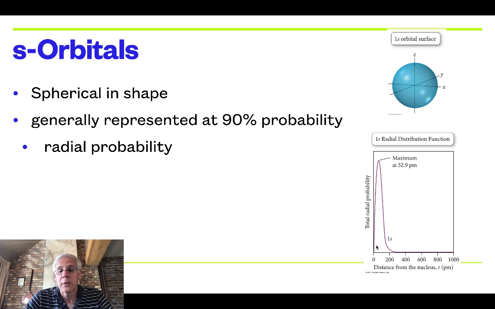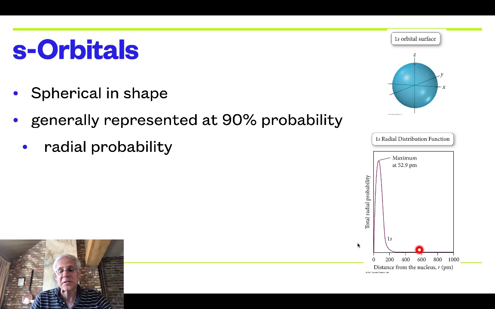And so here we see that right at the nucleus we have a 0 probability, and as we go out just a little bit we have a maximum probability of finding electrons out at 52.9 picometers, which is still really close to the nucleus. And then as you go farther away, it drops off very quickly, and this continues to go out.